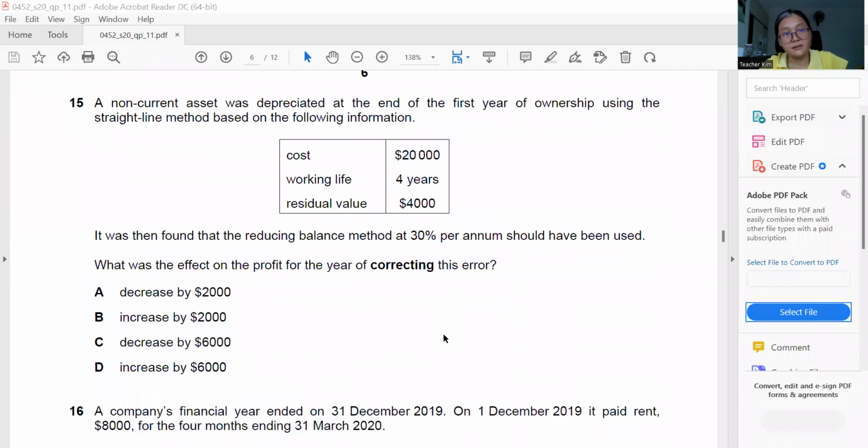Okay, 15. A non-current asset will depreciate at the end of the first year of ownership using the straight line method. The formula for straight line, we have to take the cost minus residual value divided by the number of years. It was then found that the reducing balance method at 30% should have been used.